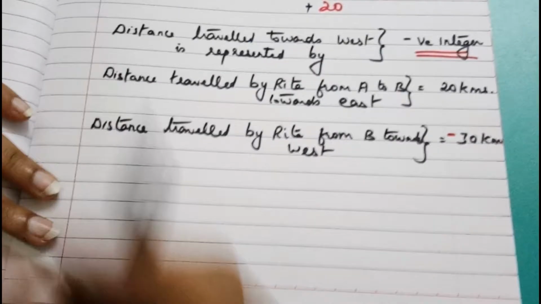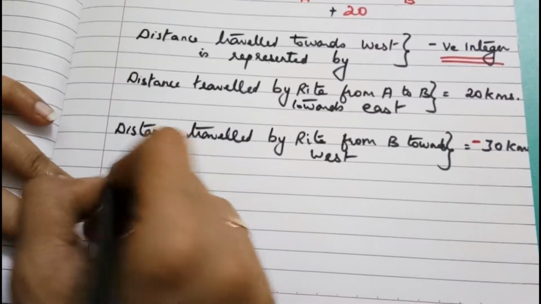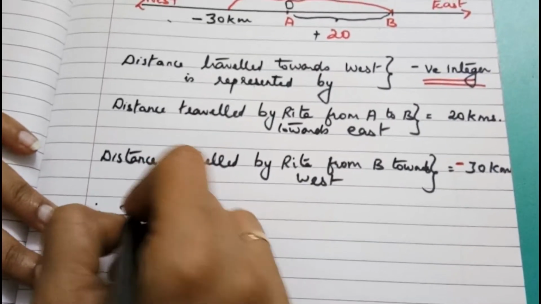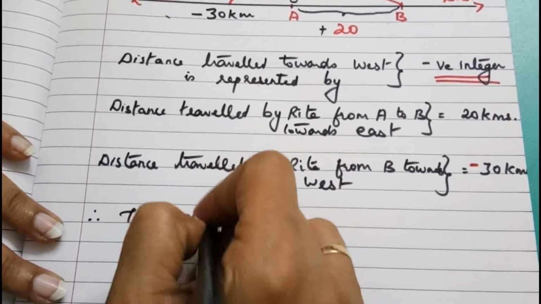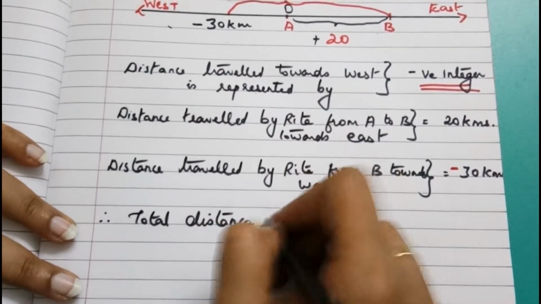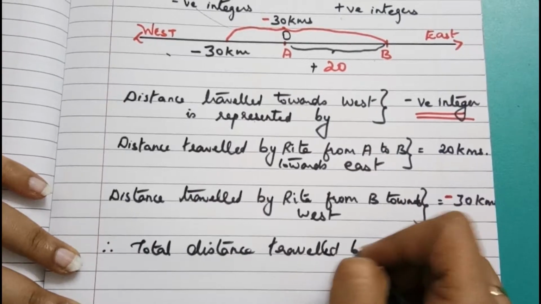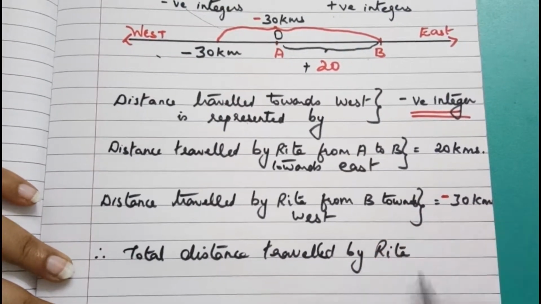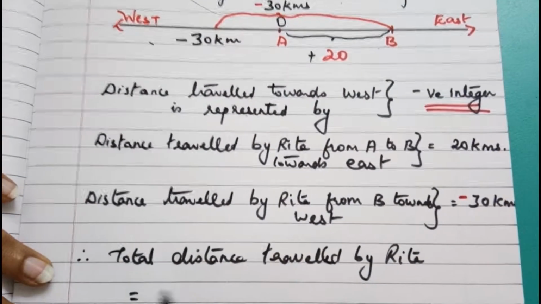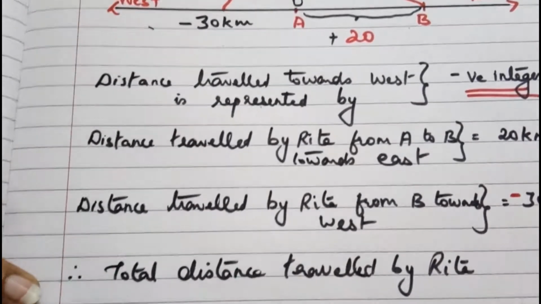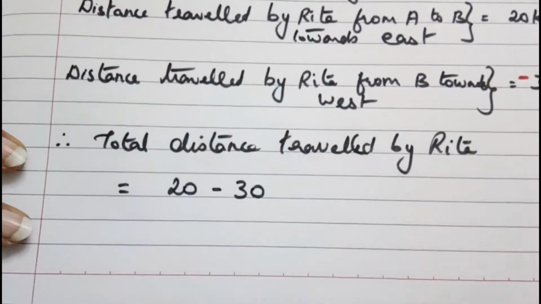Okay, so now therefore the total distance traveled by Rita is equals to 20 minus 30.